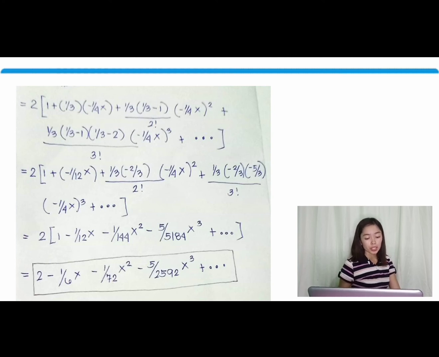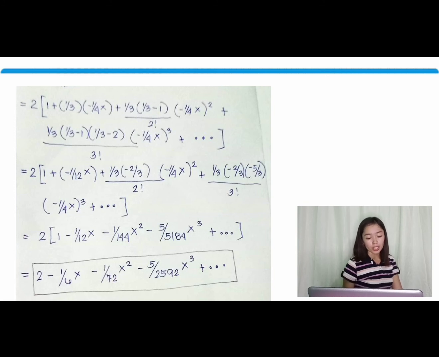Now copy the 2 again. We have 2 multiplied by 1 plus negative 1 over 12x plus 1/3 multiplied by negative 2/3 over 2 factorial multiplied by negative 1/4 x squared plus 1/3 multiplied by negative 2/3 times negative 5/3 over 3 factorial multiplied by negative 1/4 x cubed.